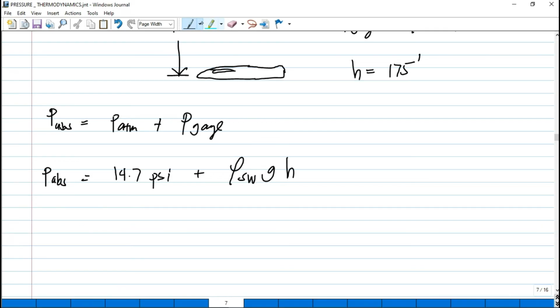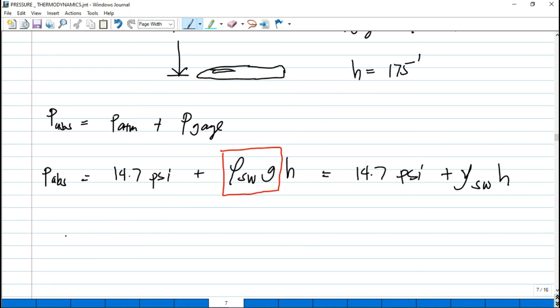Itong density g expression can also be expressed in terms of specific weight. We have discussed this in my previous video. So this density g expression is the specific weight. So this is just equal to 14.7 psi plus the specific weight of seawater times height.